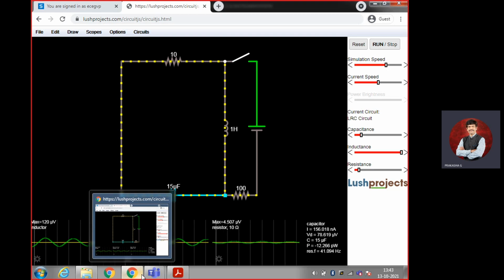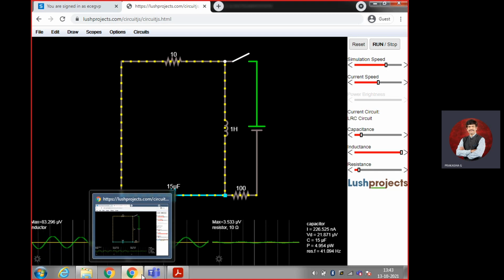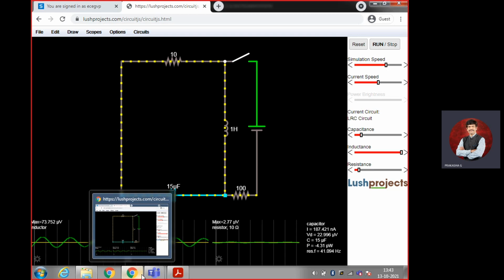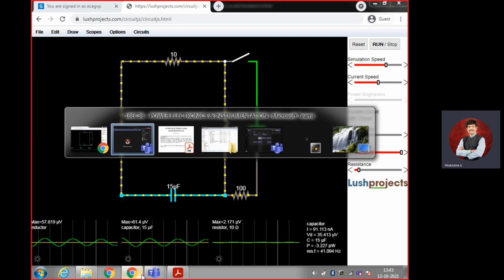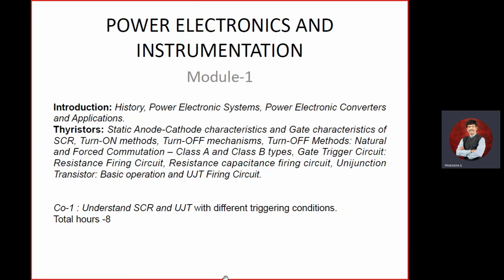So in our syllabus, we will be knowing the characteristics of the SCR, characteristics of the thyristor, on mode, off mode, and what the turn-off methods and turn-on methods are. Everything we are going to learn; that is what is given in the syllabus.